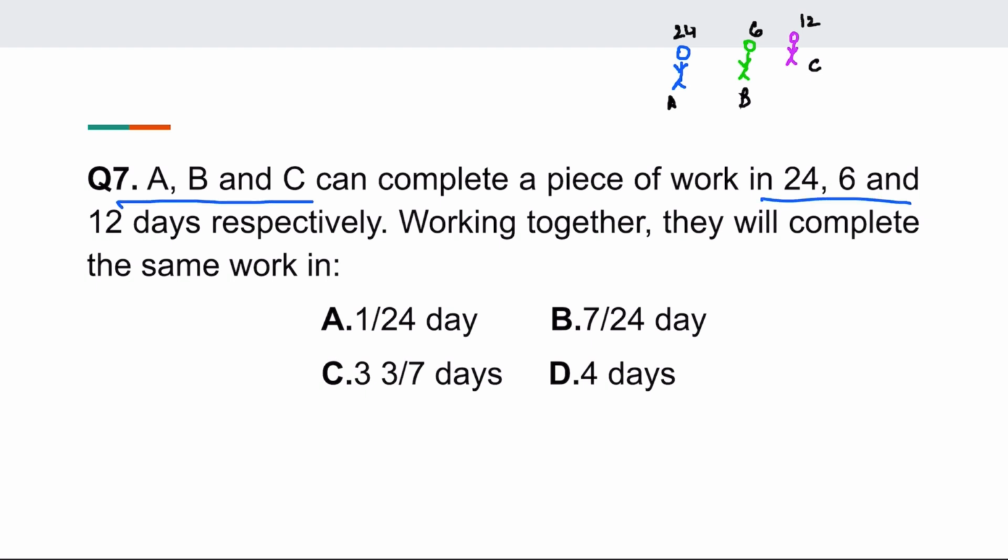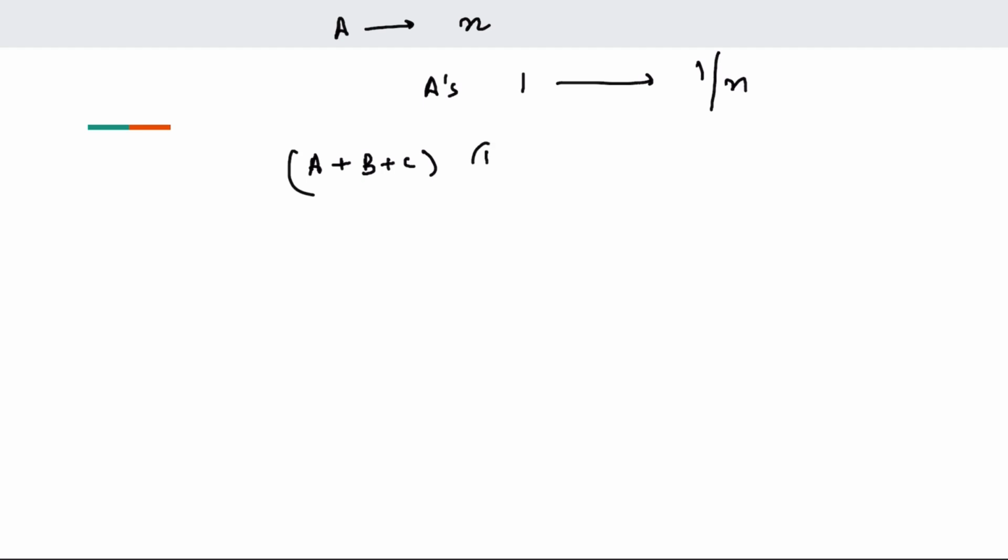Only this is the data which is provided to me. So let's say that A works for n days. So A's 1 day work is going to be what? 1 by n. Correct. Similarly, A plus B plus C's 1 day work is going to be what?